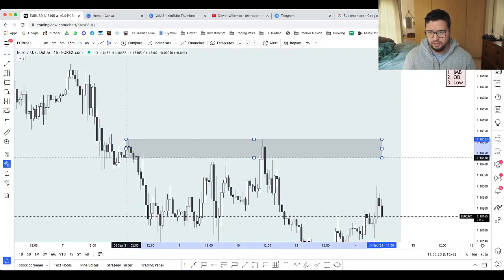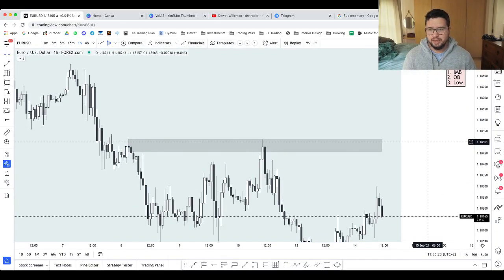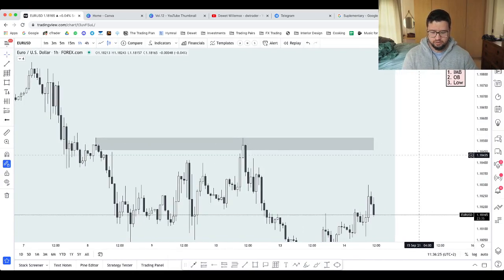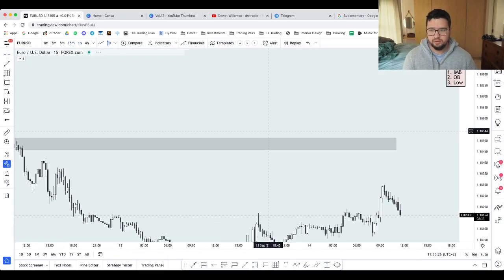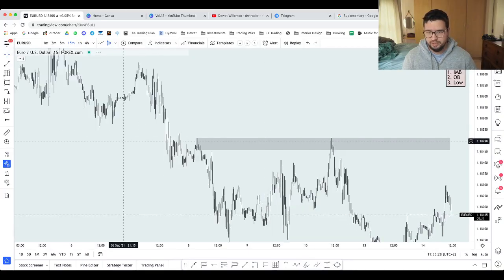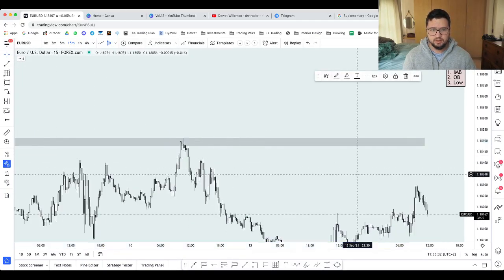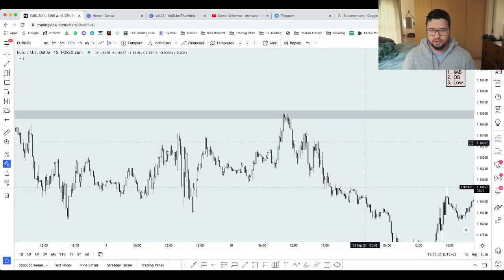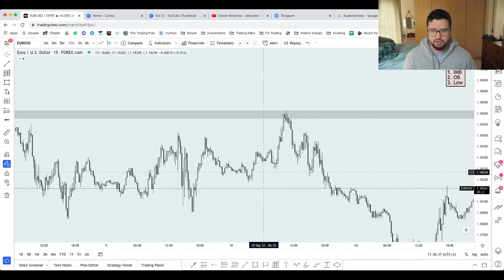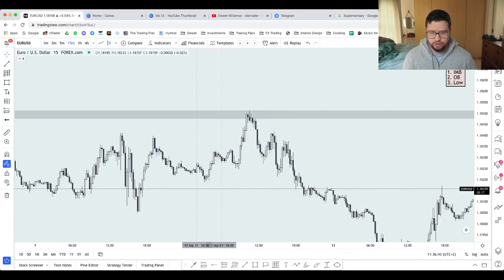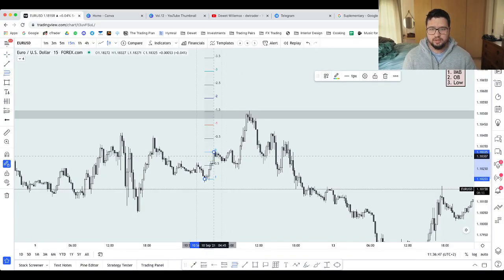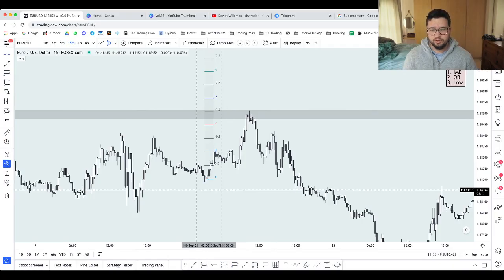We could refine it even more to that area, and then on the 15 minutes, we refine it even more towards that full body candle. And remember, if we looked at our Asian session, which was there and there, we also had the projection blocks from low to high, 1.5, 1.5 rejection blocks.